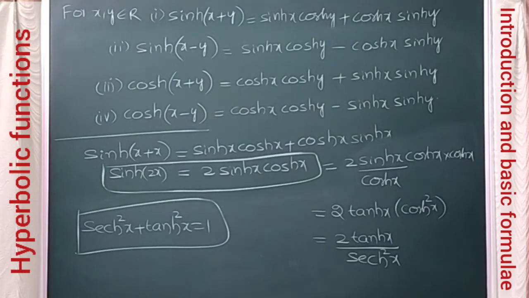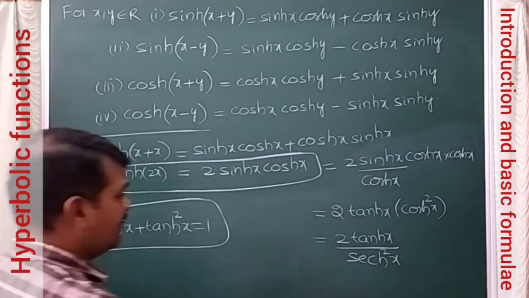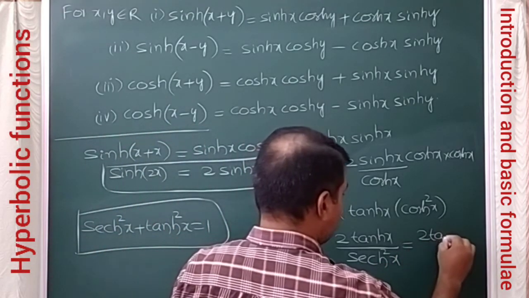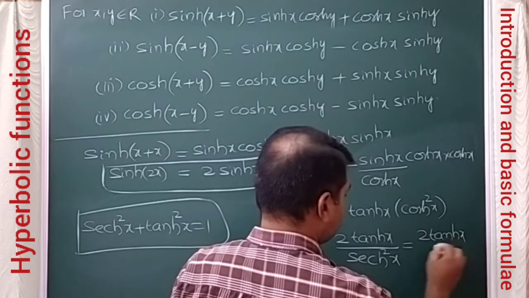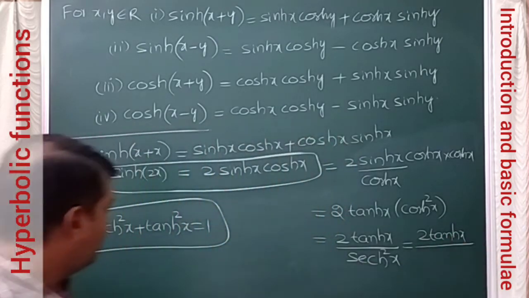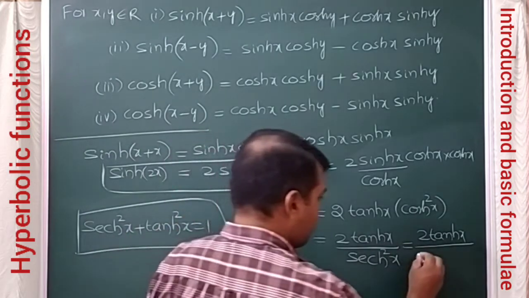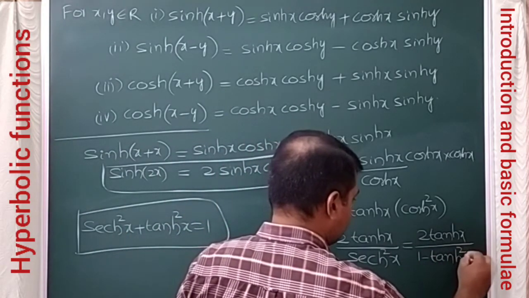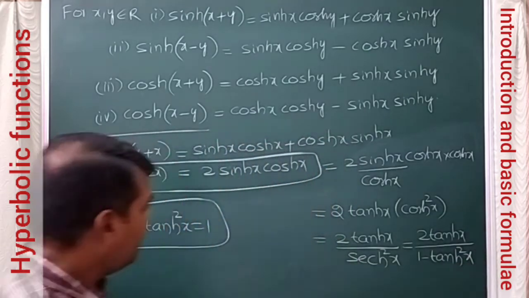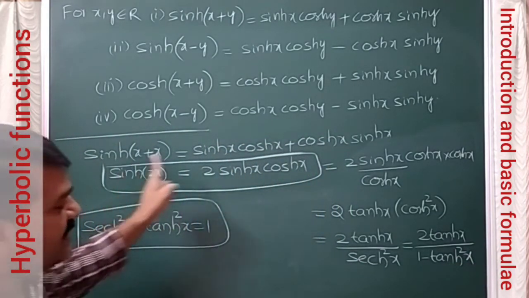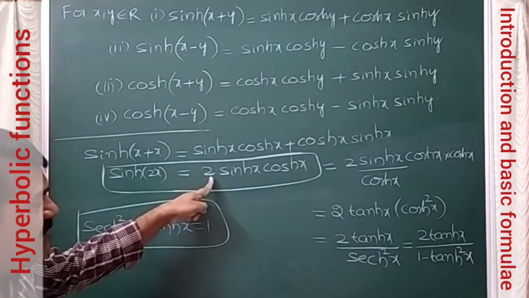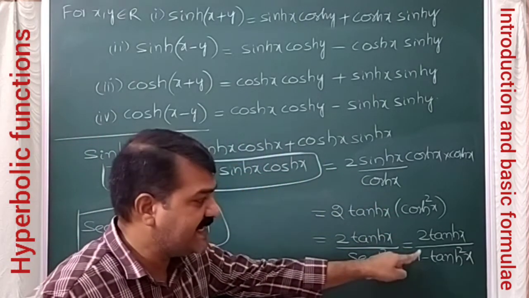So I can write this as 2 tanh x by 1 minus tanh square x, using the identity. So sinh 2x in terms of tanh x you can write like this. This is the basic formula. This is the formula in terms of tan.